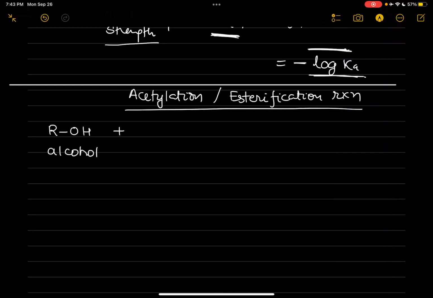And you heat it with a carboxylic acid. This is some carboxylic acid. Let me take this carboxylic acid as CH3COOH, acetic acid, which is there in the vinegar.